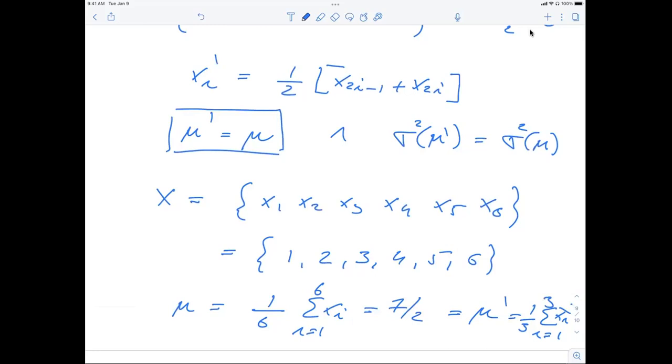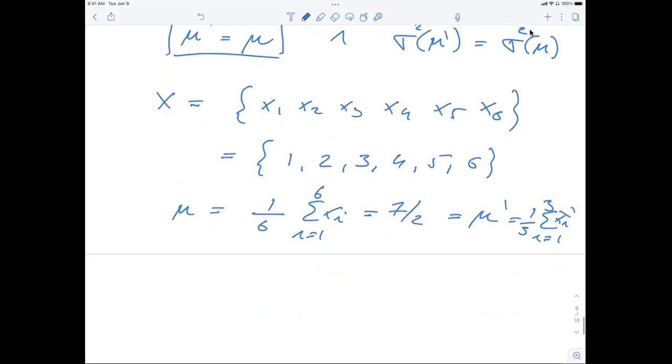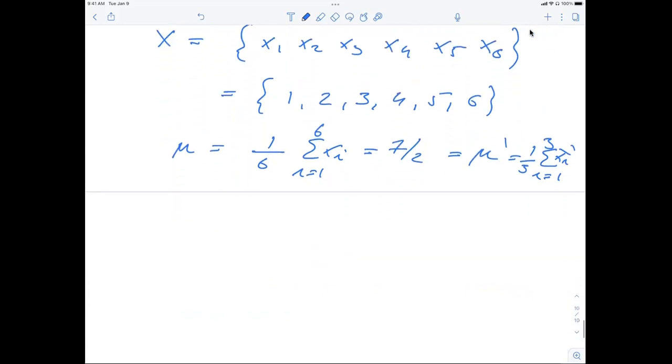Multiply that with the 1/3, you get back the 1/6. And when you plug in these expressions, you're actually back to the same calculation of the mean. So the mean is unchanged. The mean should not change when we make this type of transformation because the data set is not changed.